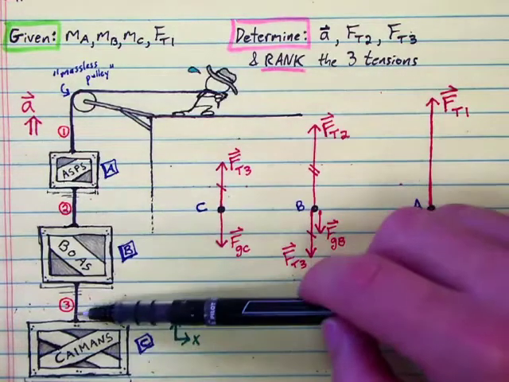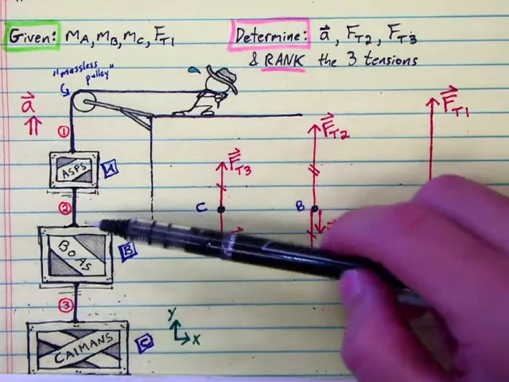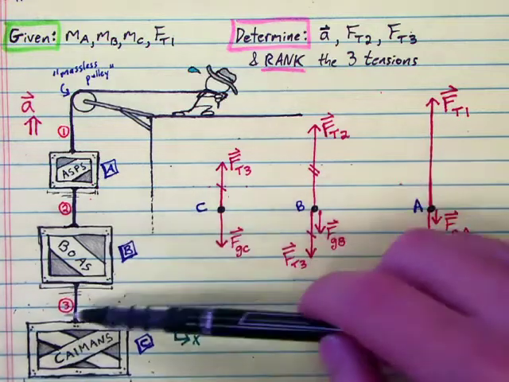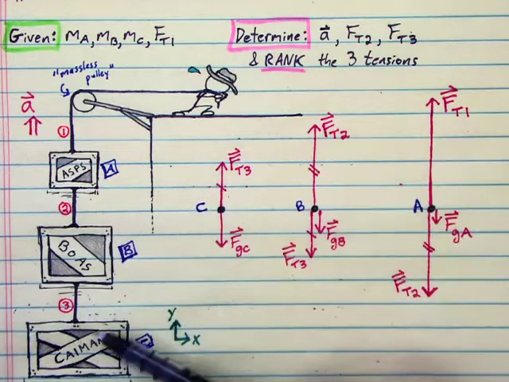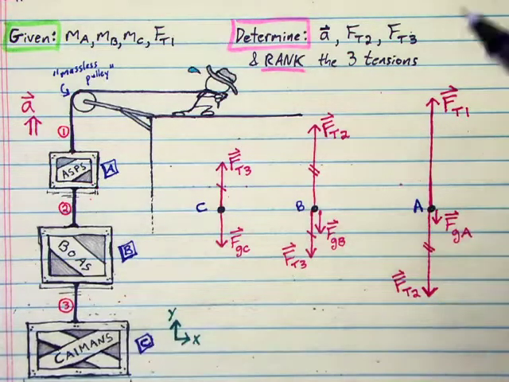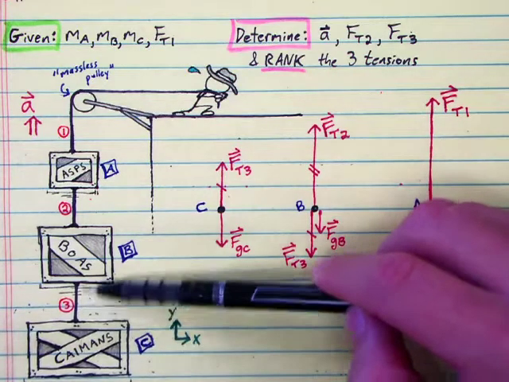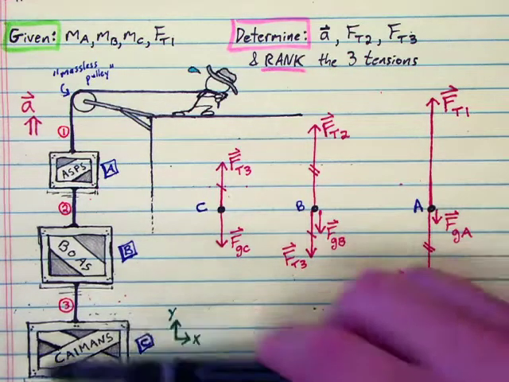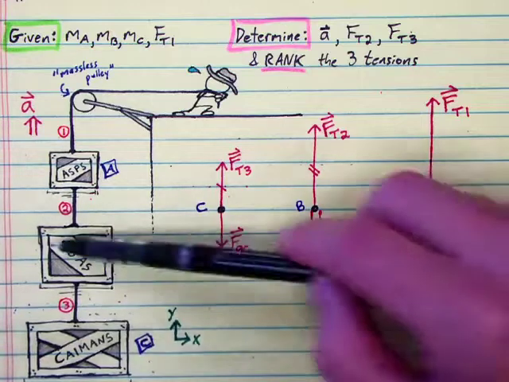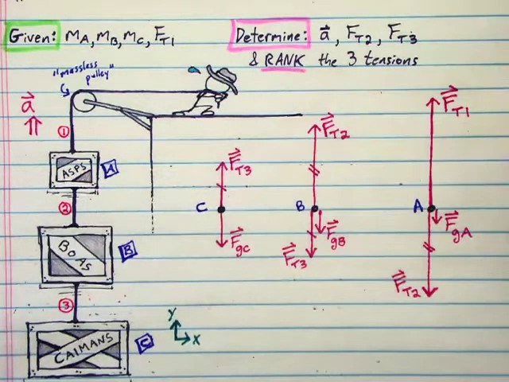Whereas tension 2 here only has to haul upwards crates B and C, and tension 3 only has to haul upwards crate C. So even if this was the most massive crate, this is still the smallest tension because it's only responsible for hauling up that one crate, not multiple crates as the other two ropes are doing. Okay, so there's our ranking.